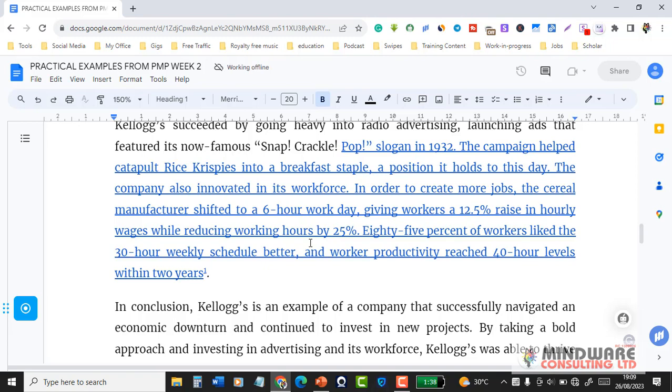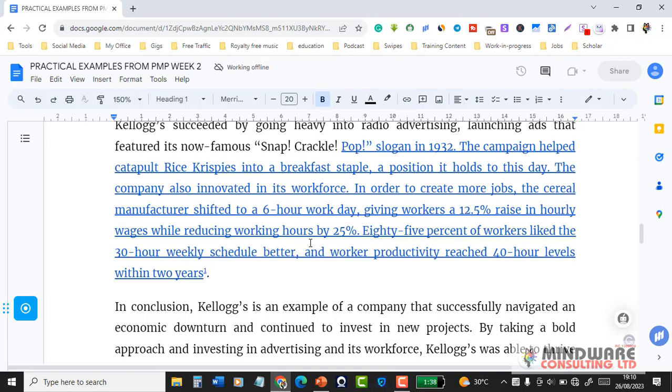85% of the workers liked the 30-hour work week schedule better and even worked more productively, reaching 40-hour work levels within 2 years. This was an amazing approach that Kellogg's took, while other companies would just take that opportunity to reduce their spending.